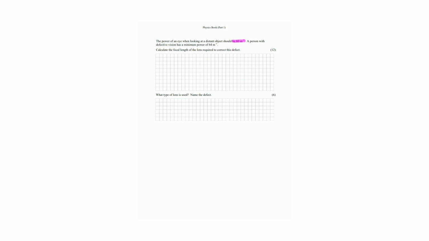A person with defective vision, so they can't really focus very well on distant objects, they're a bit of a blur, their minimum power is 64 per meter. They actually can't make their lens thin enough. In other words, they bend the light too much and the image is formed before the retina. So we've got to calculate the focal length of the lens required to correct this defect.